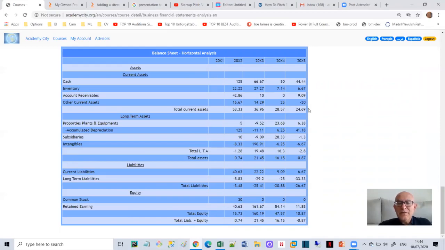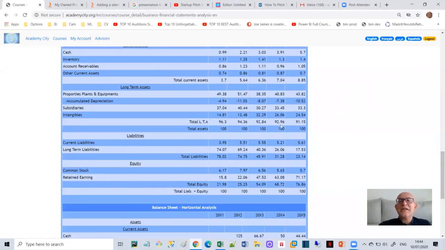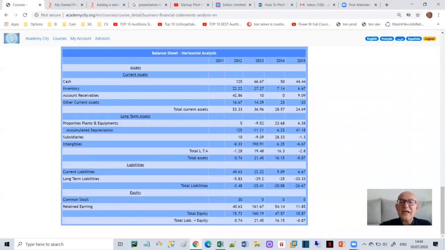Okay? Now, why do we do that? We did the vertical analysis already, and we can see if there is any difference. Another thing that is striking immediately: for example, if you look at property, plant, and equipment, I see immediately a change from 2002 to 2003. Something about accumulated depreciation too. We have a huge jump in the amount of cash we hold.